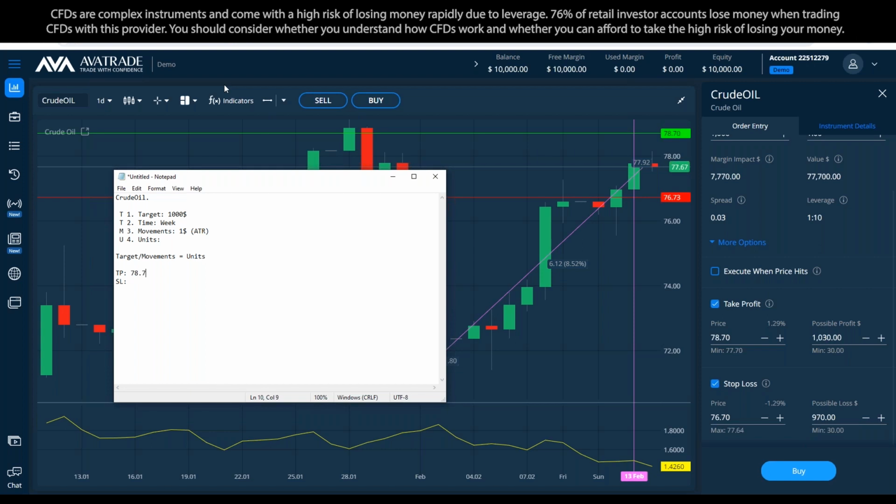Take profit. That's not bad. And stop loss, that's not bad at all. That one can give us $1,000 plus. And that's unfortunately if it goes down minus. Okay. Which brings me to the next thing that I'm going to.